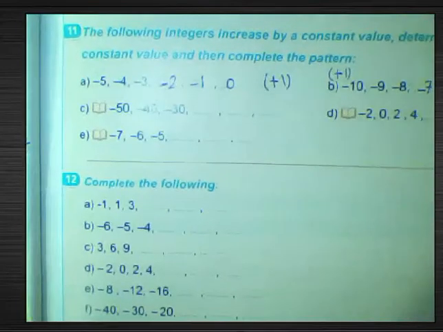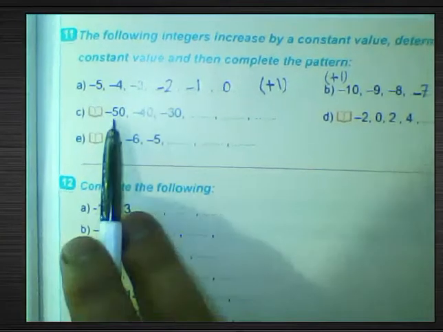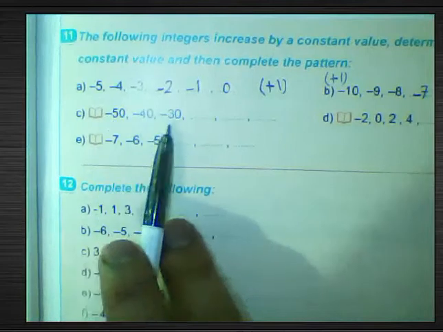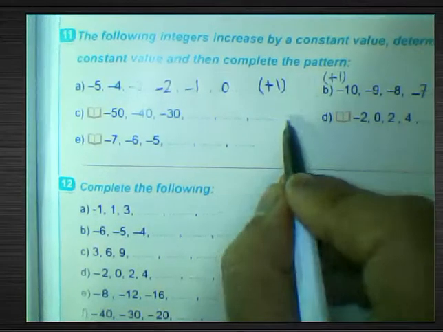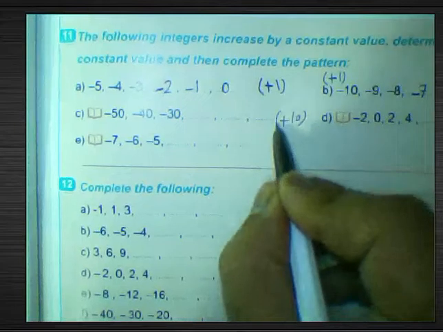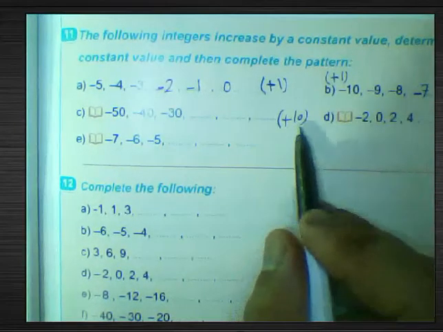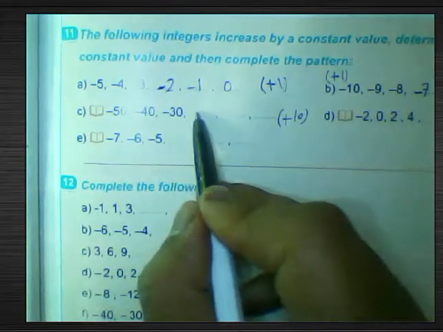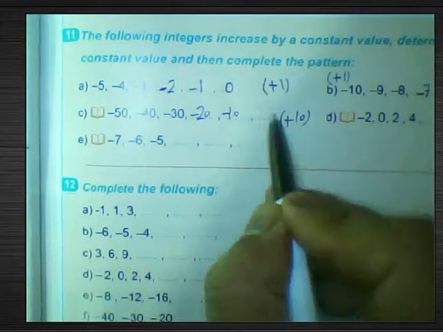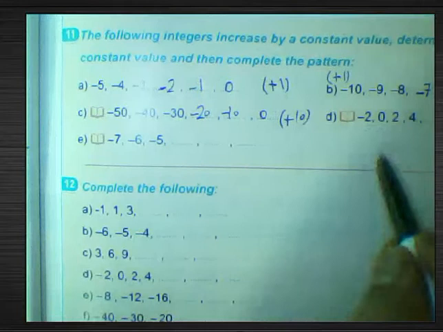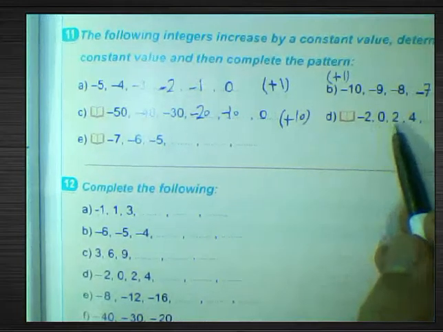Question letter C. -50, -40, -30. He adds 10. The constant value in this pattern will be +10. So we can write -20 here, -10, and 0. -2, 0, 2, 4.